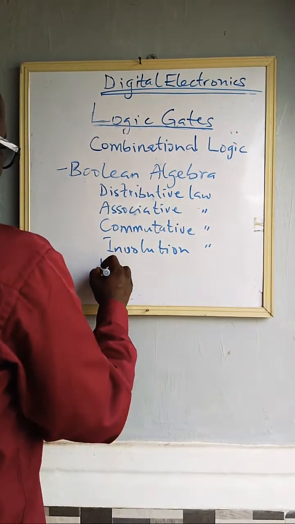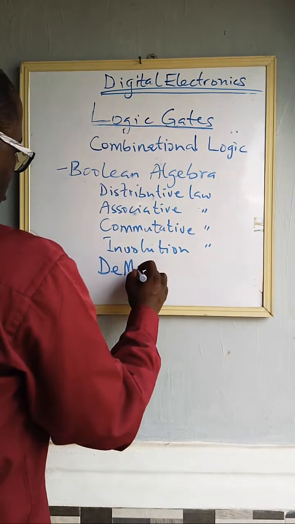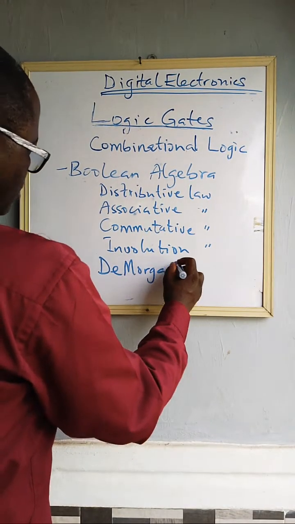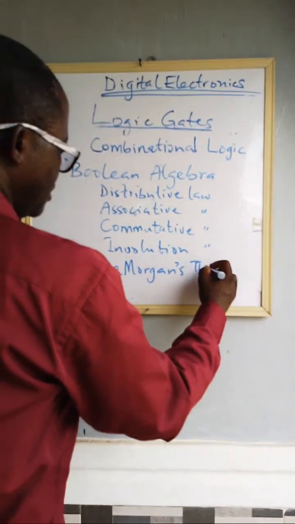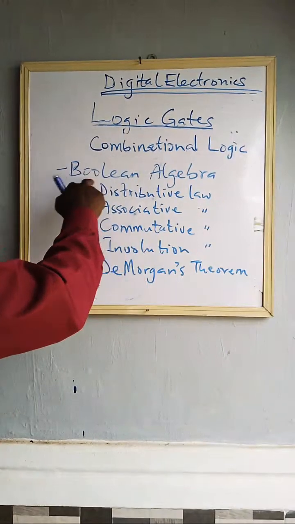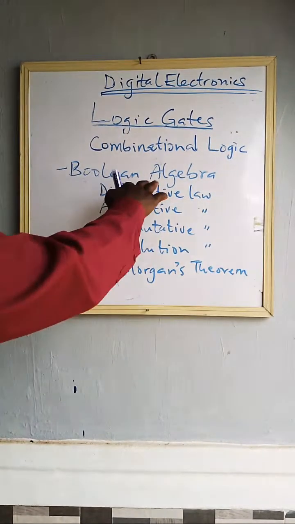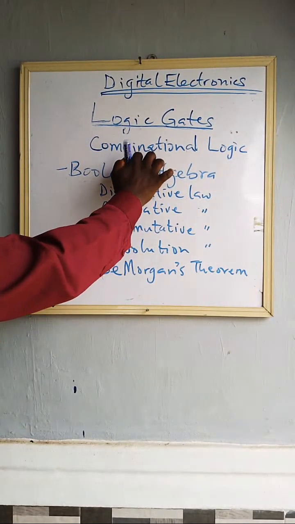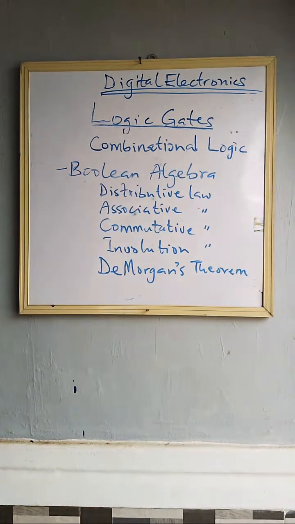Then there is De Morgan's theorem. All of these are employed to simplify a long Boolean expression that is obtained from combinational logic.